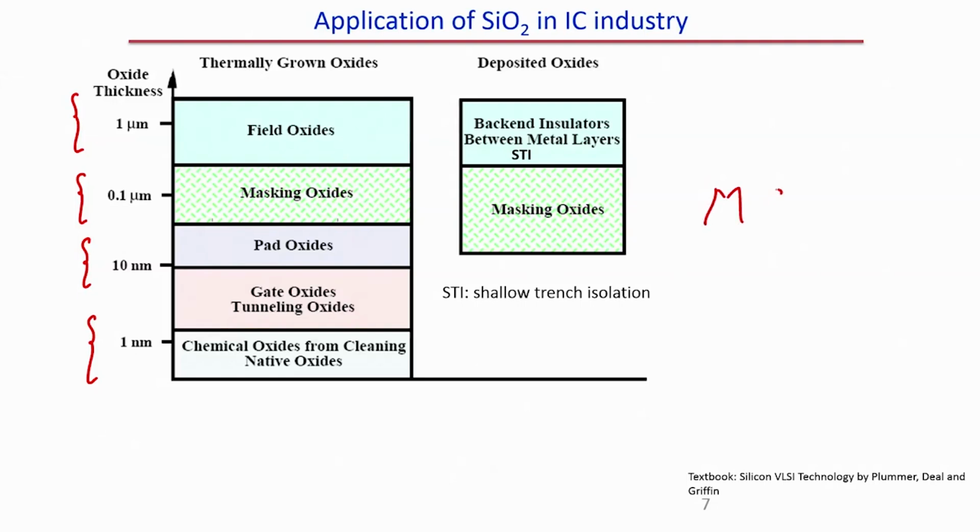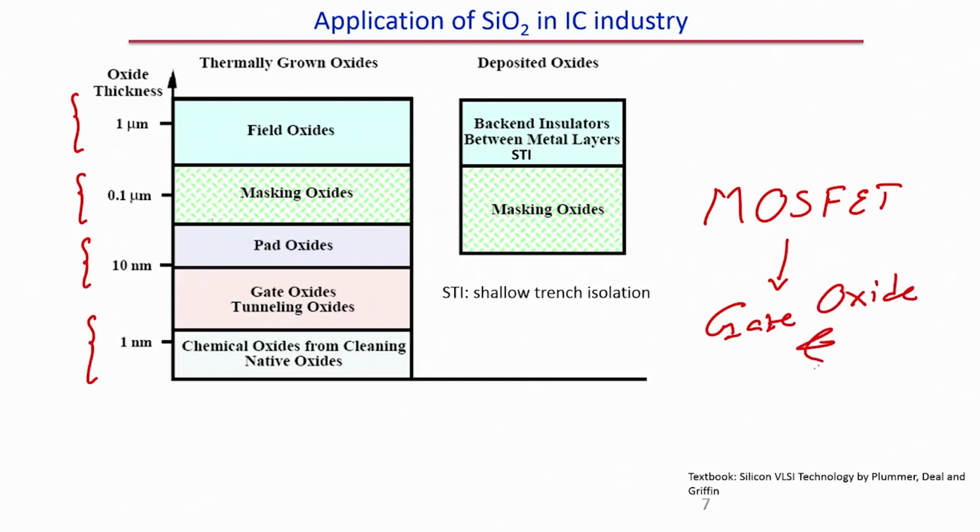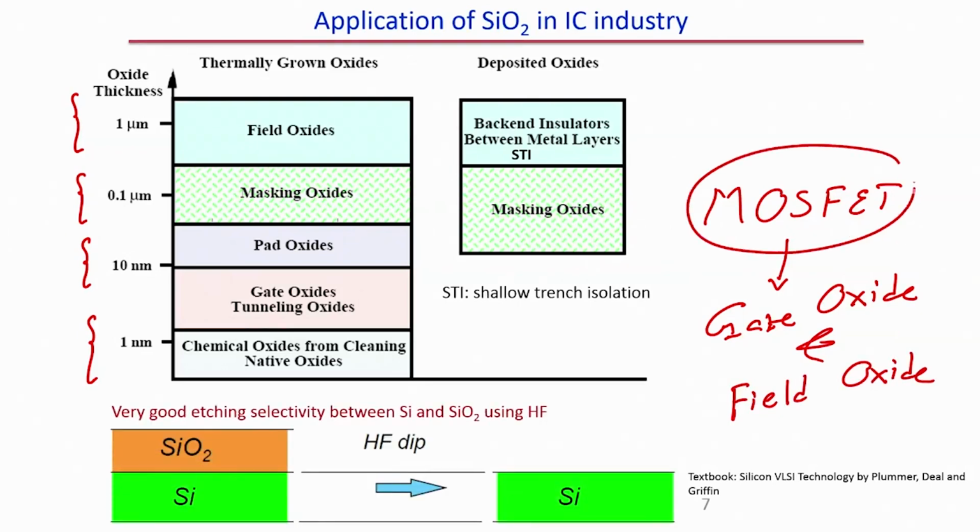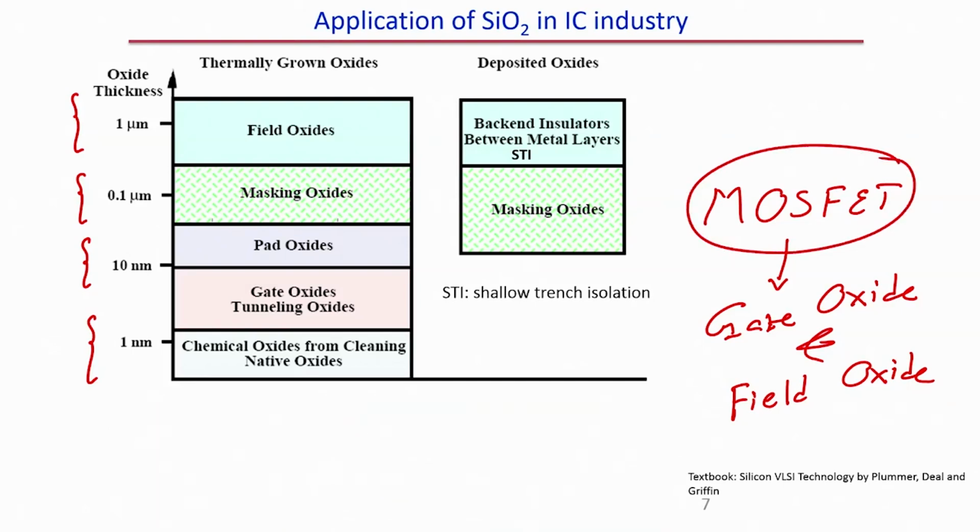If you know MOSFET, then you will understand the difference between gate oxide and field oxide. So, 1 micron is used for field oxide, 0.1 micron is used for masking oxide. Where does masking come into the picture? So, let us see.